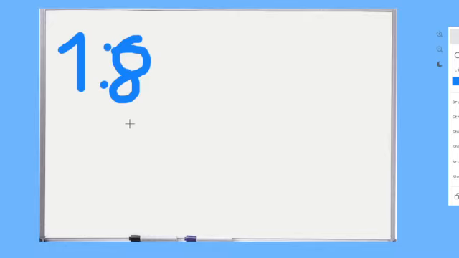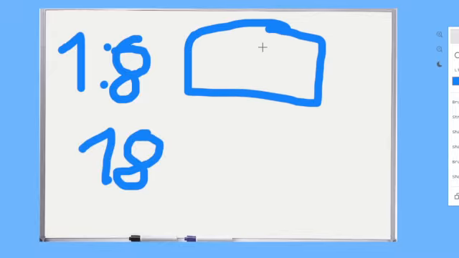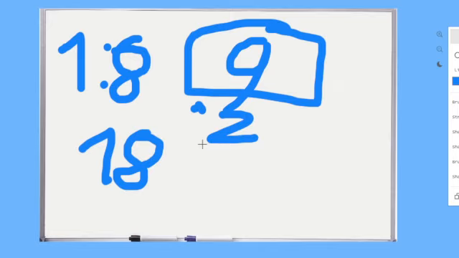And now we're going to learn about ratios. So the ratio is 1 and 8, okay? And there's 18 baskets, okay? The total amount of numbers here is 9. 9 times 2 is 18.